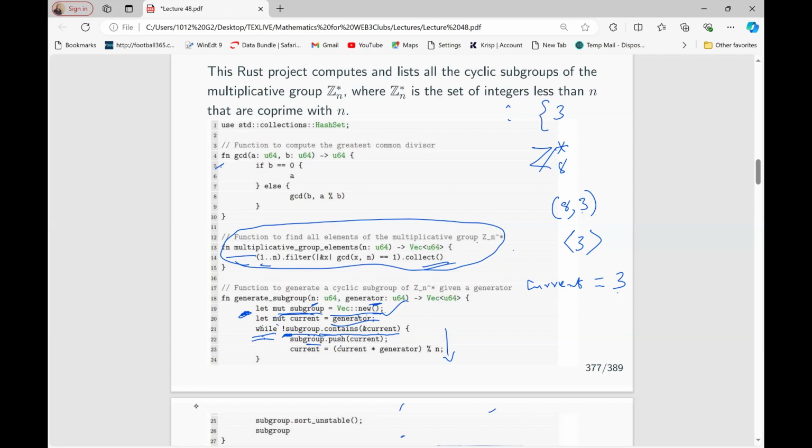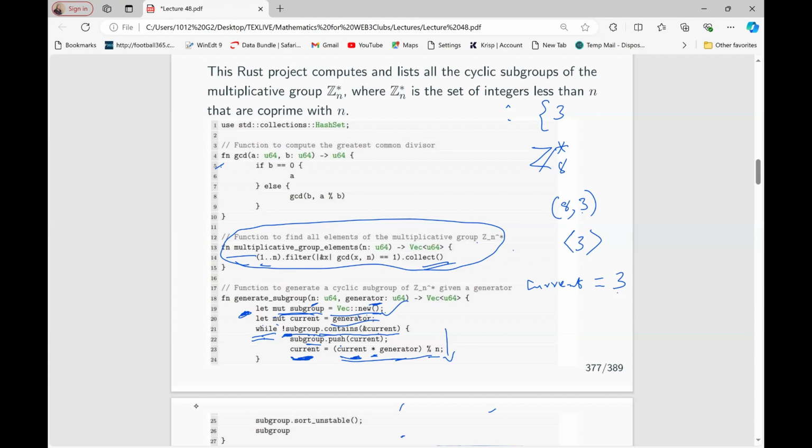Then it says, after pushing, come up with another current. That other current is the old current times the generator. Then you divide by n and write the remainder. That's what this part means. So our current was 3.